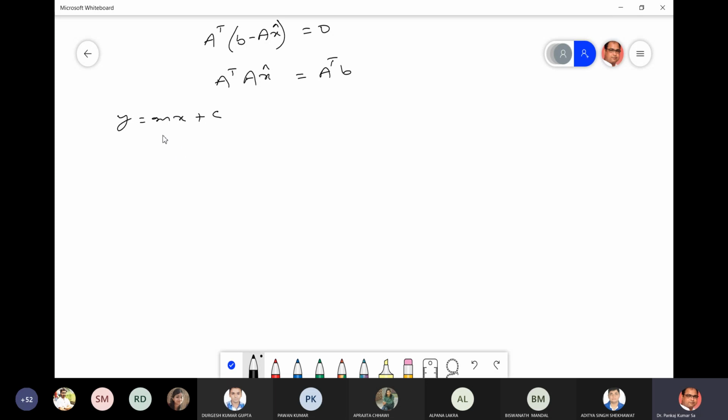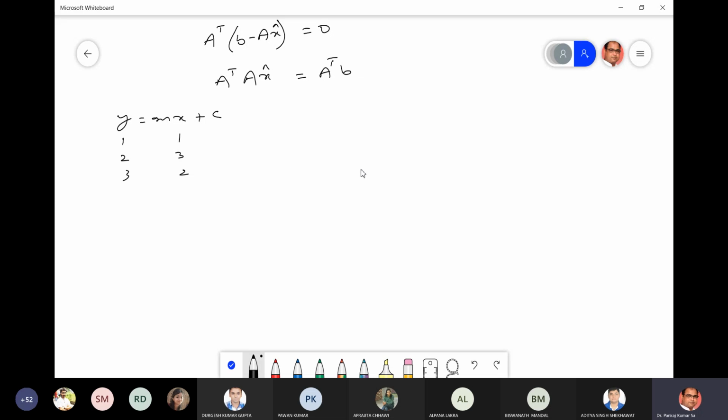Let me have x and y values like (1, 1), (2, 3), (3, 2). I have three values of x and y.